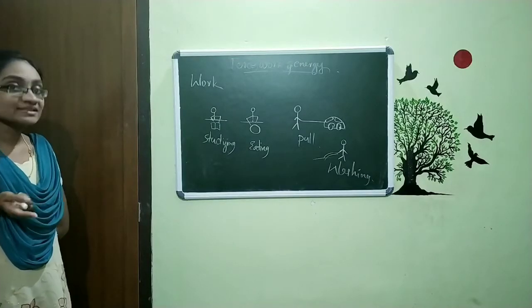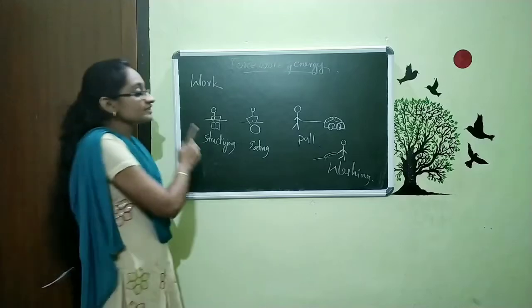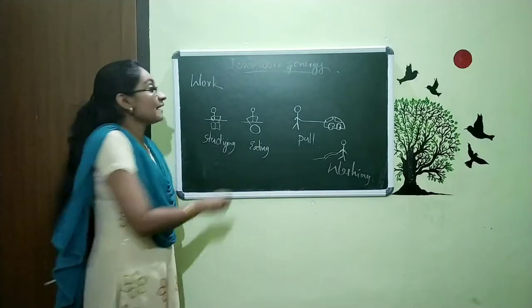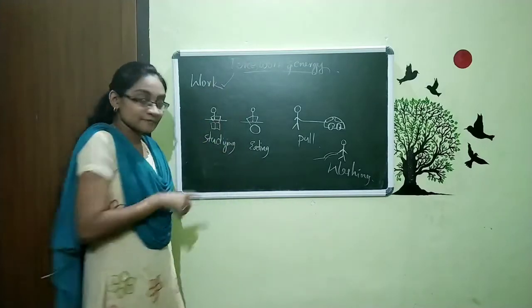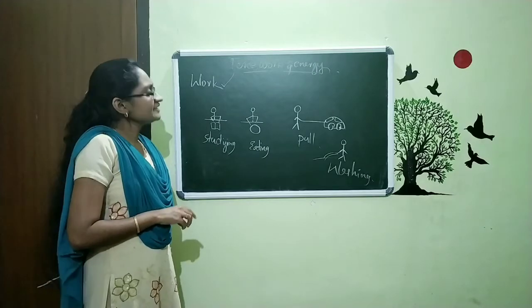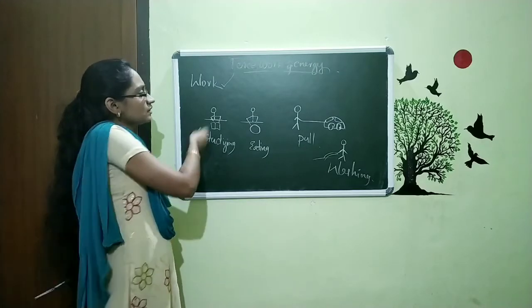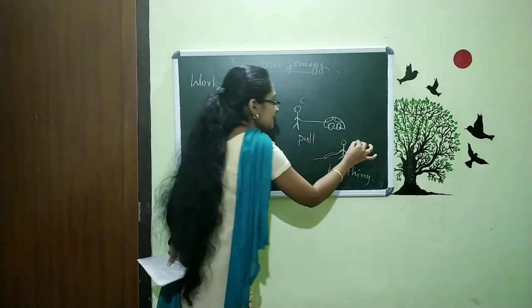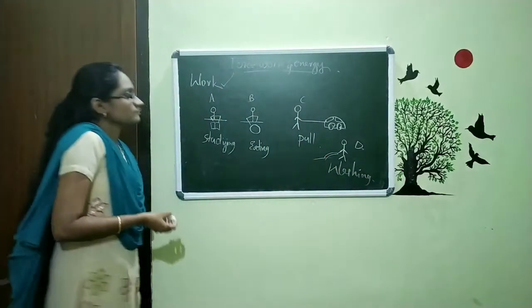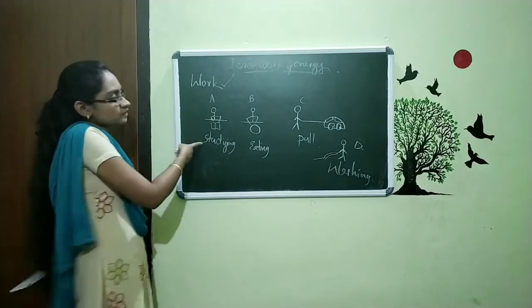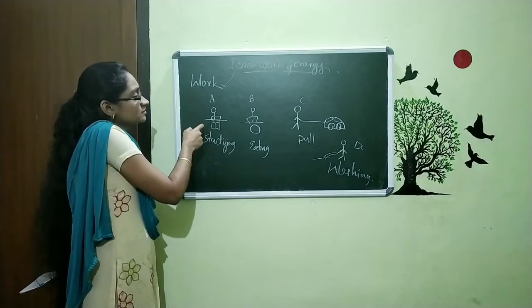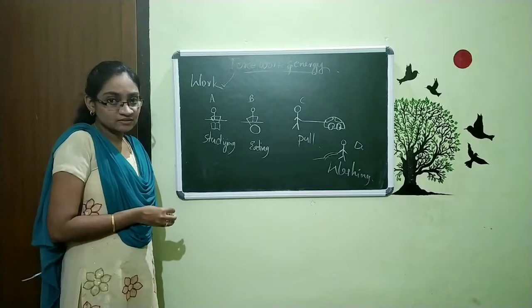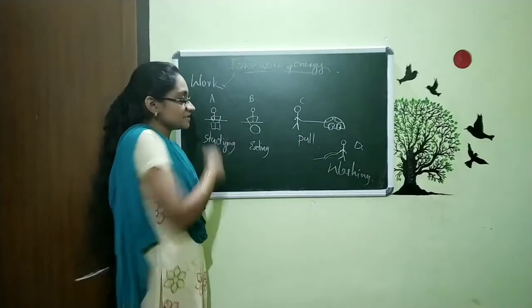And now my question is this. In which of these diagrams does work take place? What is your opinion? This is diagram A, B, C and D. What about B?